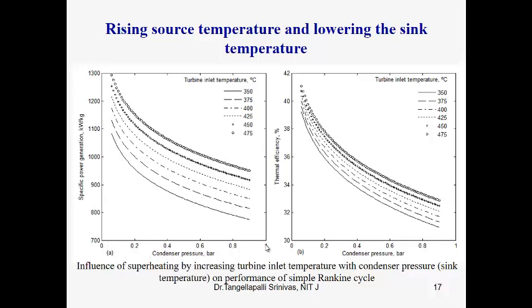Condenser pressure is increased on the x-axis, and the secondary variable, the turbine inlet temperature, is increased from 350 degrees centigrade to 475 degrees centigrade. As per the earlier discussion, with increase in turbine inlet temperature, both output and efficiency increase. With increase in condenser pressure, the output as well as the efficiency decrease.